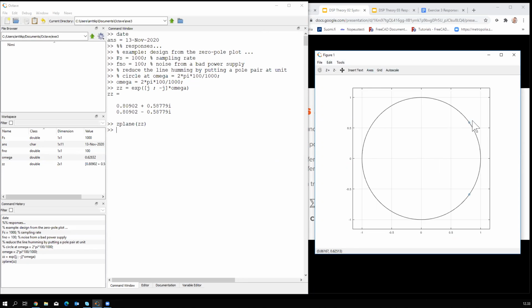If you need more suppression, then you can also target other frequencies, for example, 200 hertz, yes, it can be done. 400 hertz, yes, can be done. 600 hertz, well, it is the same as 400 hertz. Remember that this top half and bottom half on this complex plane are always symmetrical.